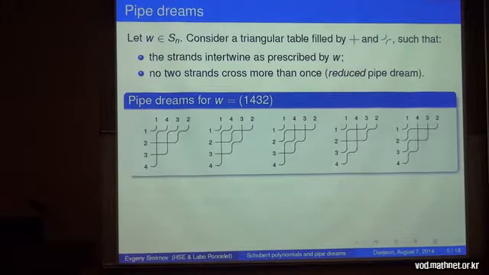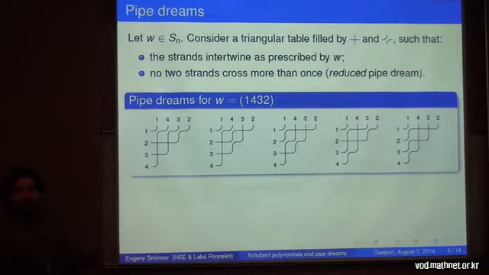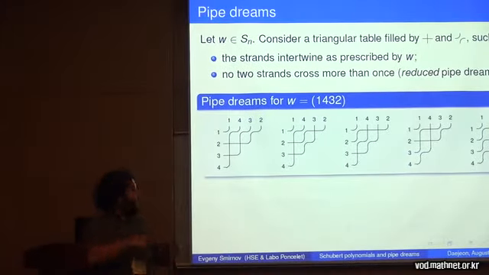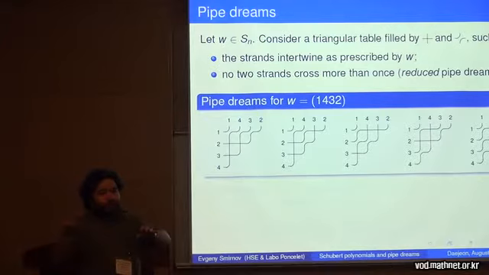So as you see from this example, for a given permutation, you can have more than one picture representing it. This picture is called a pipe dream, because it resembles some pictures from a certain video game, which was popular in the early 90s. The game was like Tetris, and you were supposed to construct a pipeline from such elements which have fallen randomly.